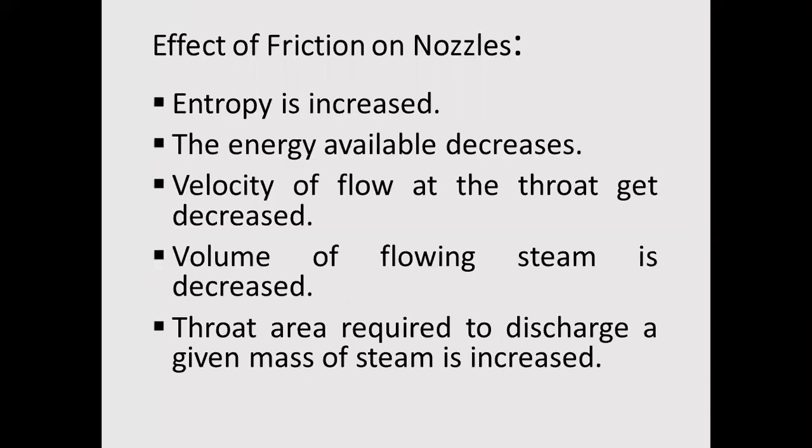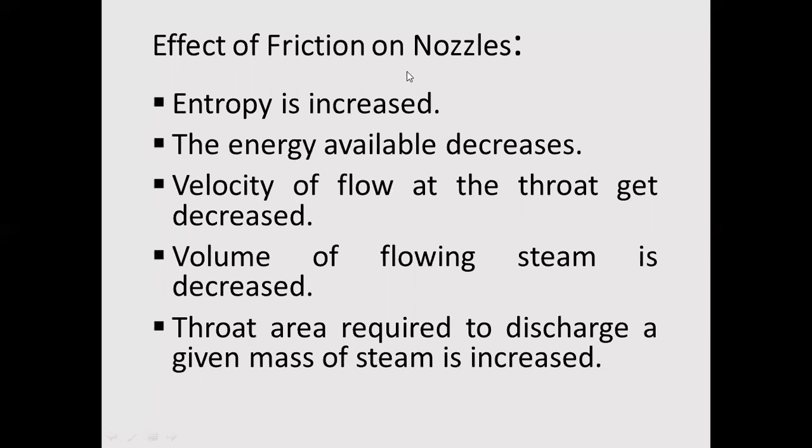Effects of friction on nozzles. The friction in nozzle may increase the entropy. The friction in nozzle decreases the energy available. Friction in the nozzle decreases the velocity of flow at throat.